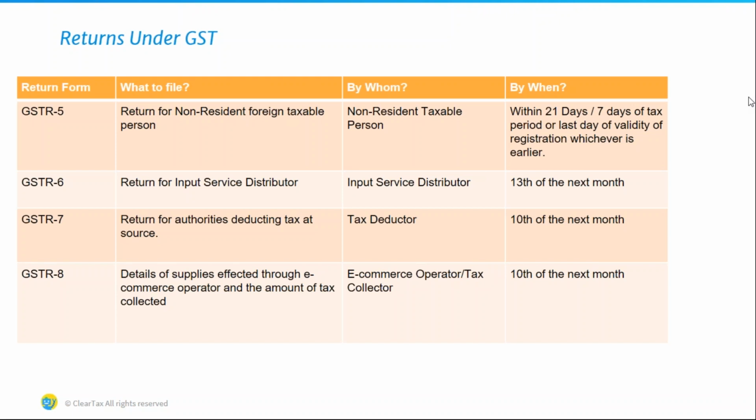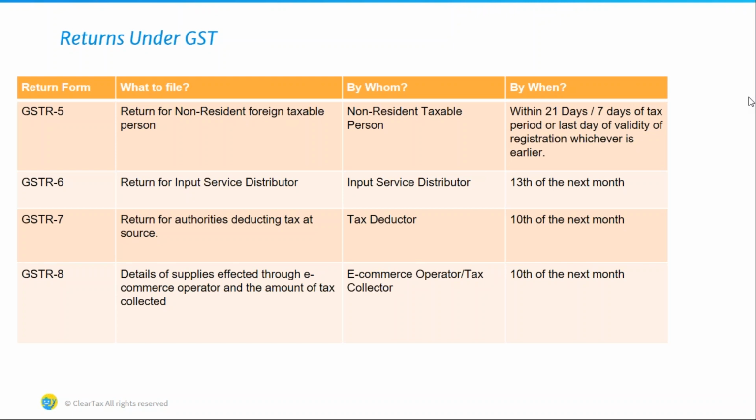Now, as of now, the rules have not been specified on what all these entities or persons would be and what all transactions would be under the purview. So mostly this will be like one-time contracts and any other transaction which the government wants to control. Under these kinds of scenarios, once notified, every person who is responsible to deduct tax at source is required to file GSTR 7 by 10th of next month.